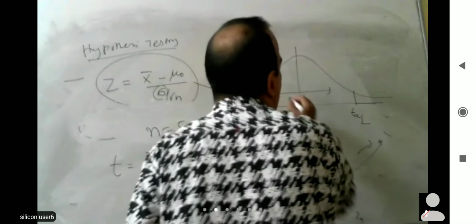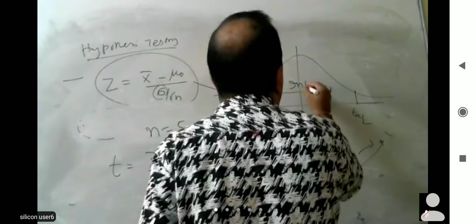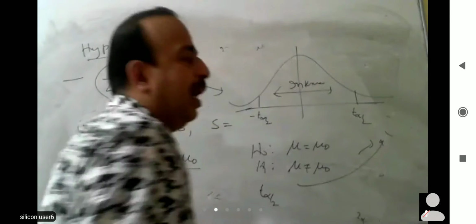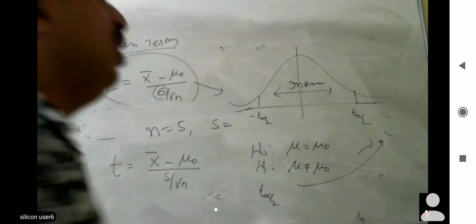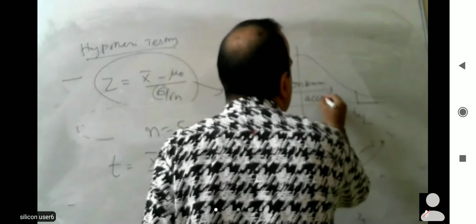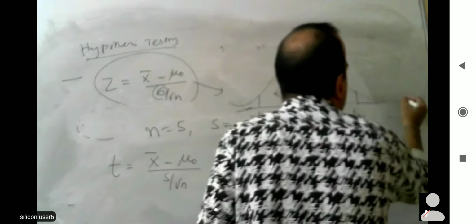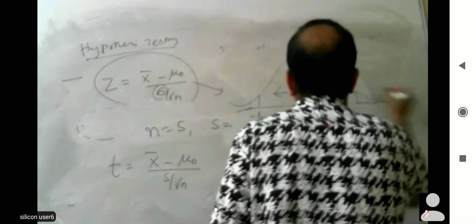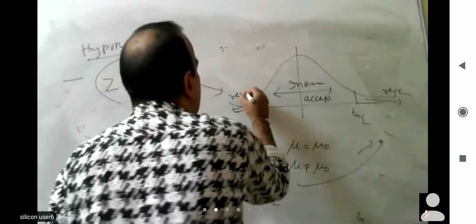So if we have two values, then we can get an interval, and that interval is known as the confidence interval. And in the testing hypothesis, that interval is your acceptance region, and the rest is the rejected region. Got it?